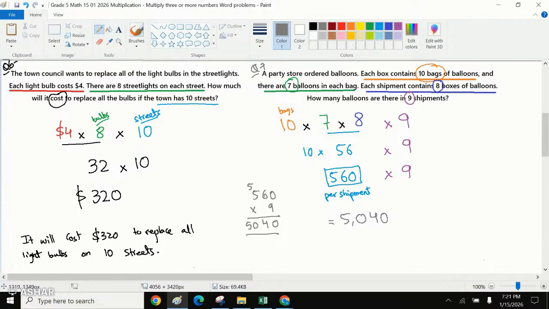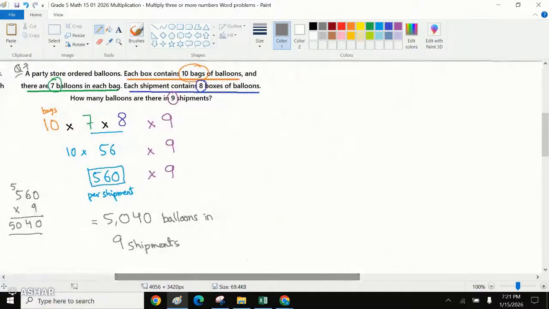How many balloons? There would be 5040 balloons in 9 shipments. See, 560 came out per shipment. If we already found the number of balloons in a shipment, then we look at the number of shipments. Those were 9, so we simply multiply by 9.